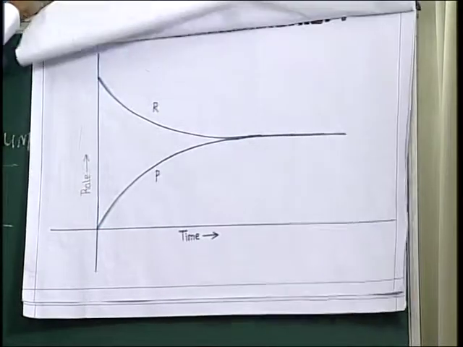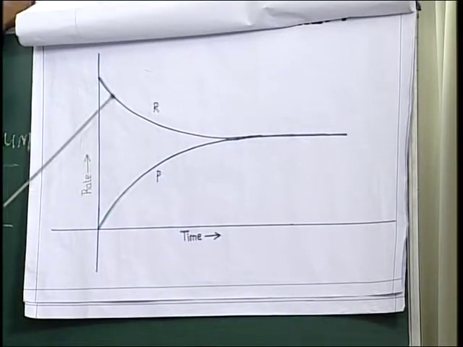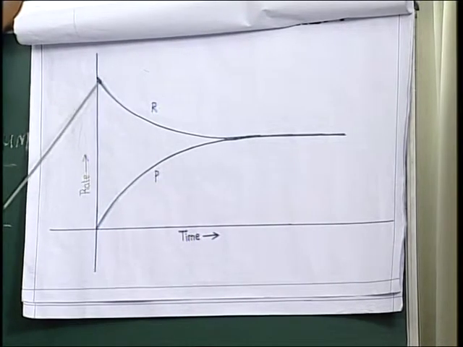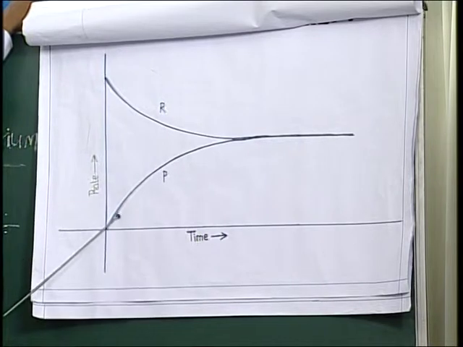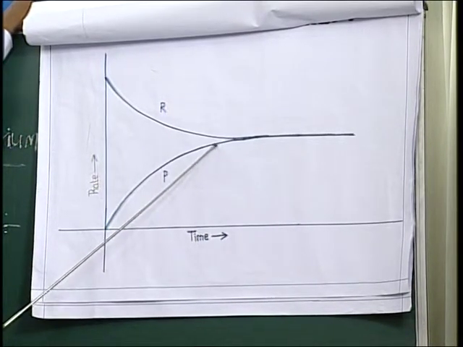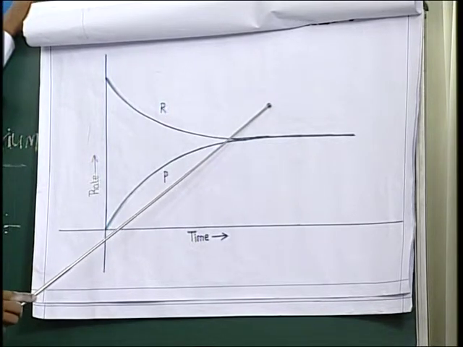In the second graph we have taken the rates of the forward and reverse reactions, in which the rate of the forward reaction is equal to the rate of the reverse reaction. They occur with the same speed and the same rate.